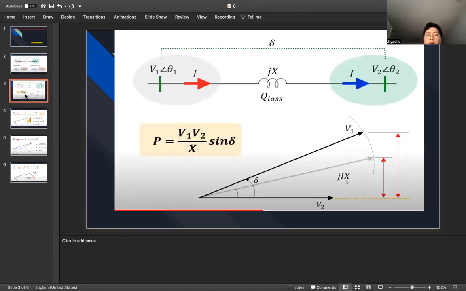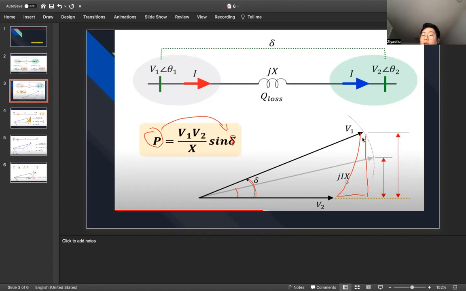Here, this part. We will look through P, real power, first. P is related to this delta, the angle between them.